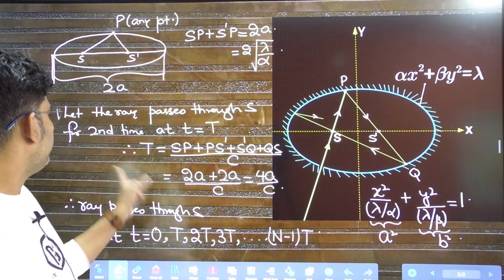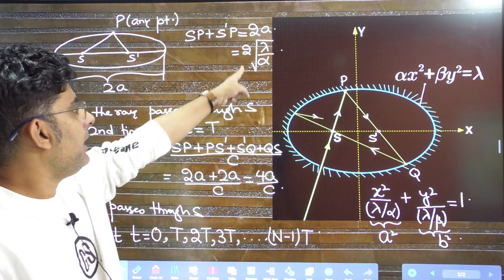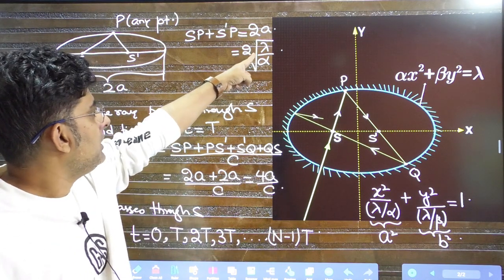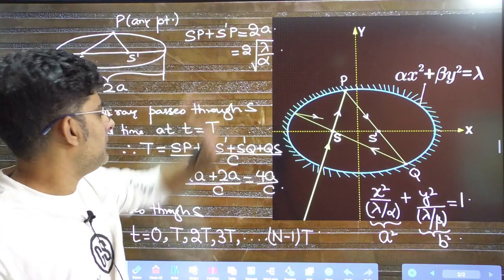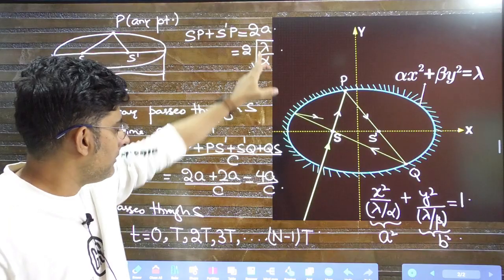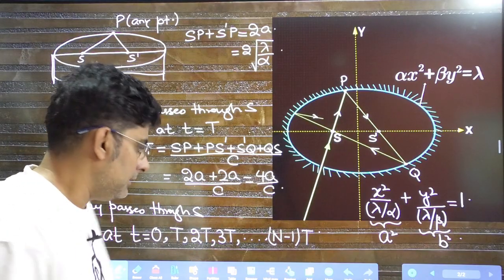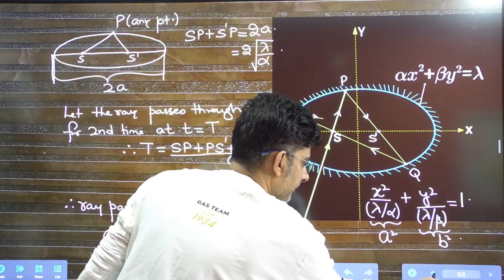So what is the value of T? We saw it is 4A by c. And what is the value of A? We know from here A is root lambda by alpha. So 4A by c, where A is root lambda by alpha, and n minus 1 into T. So coming back, let's see.